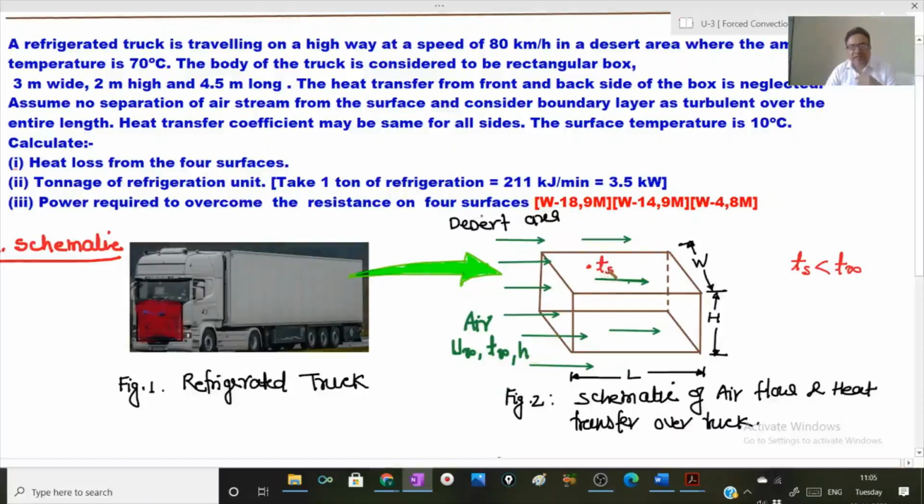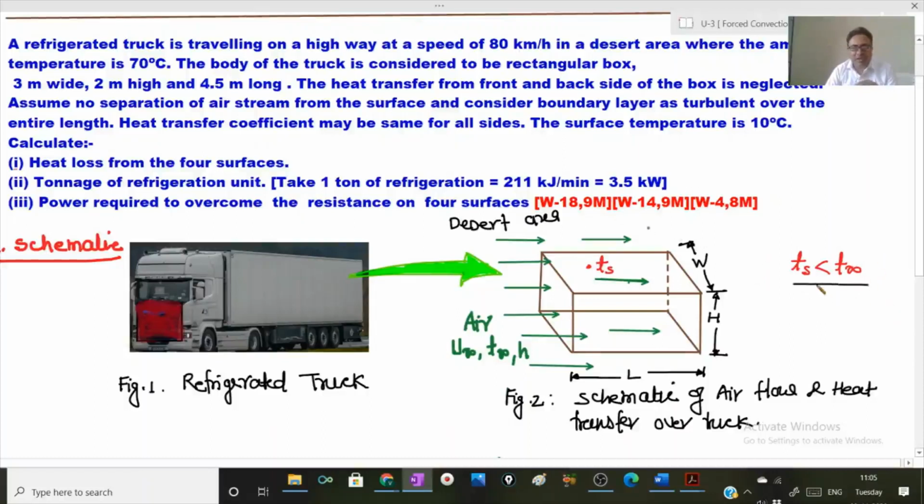Let the temperature of all the four surfaces of this refrigerated truck be represented by Ts. So since truck is refrigerated, obviously its temperature will be lesser than the surrounding atmosphere.